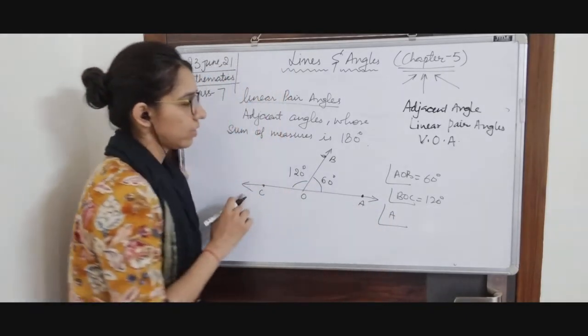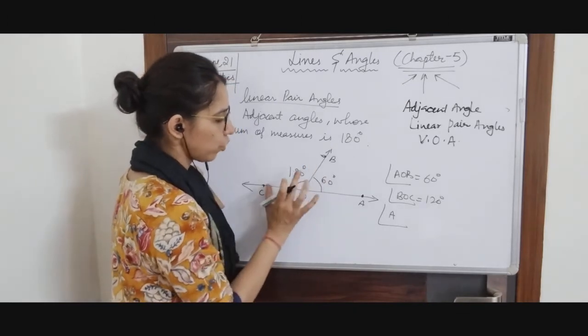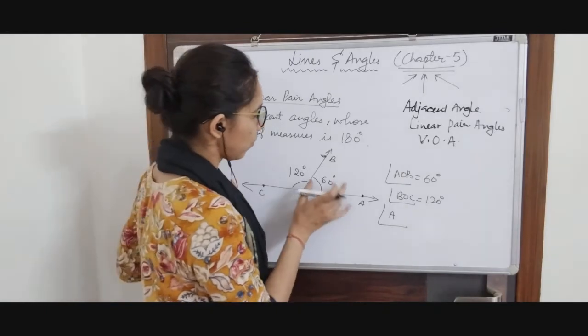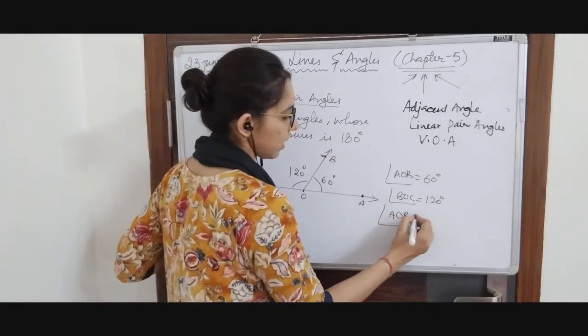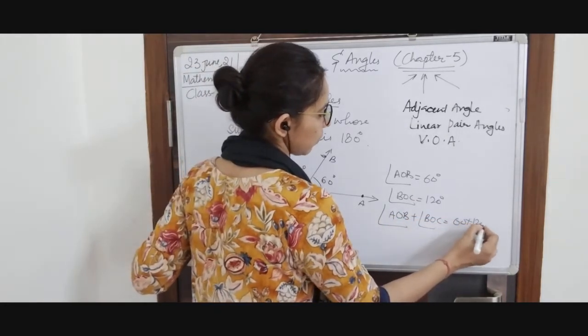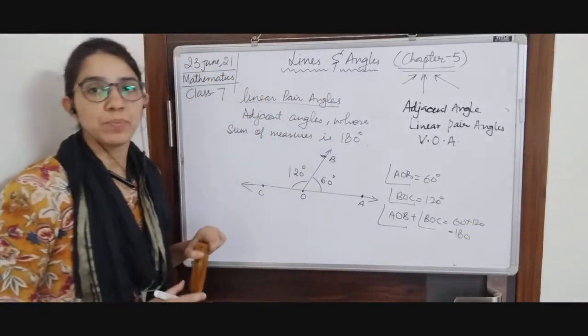These are adjacent, yes, by common vertex, common arm, and non-common arms on opposite sides of the common arm, and the sum of these measures should be 180. So adding AOB and BOC, I get 60 plus 120, which is 180. So these are linear pair angles.